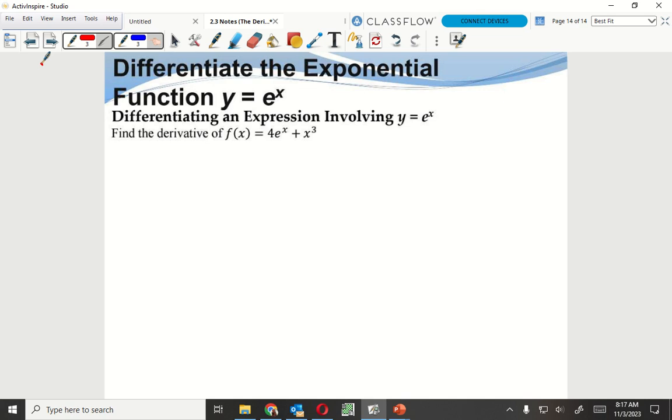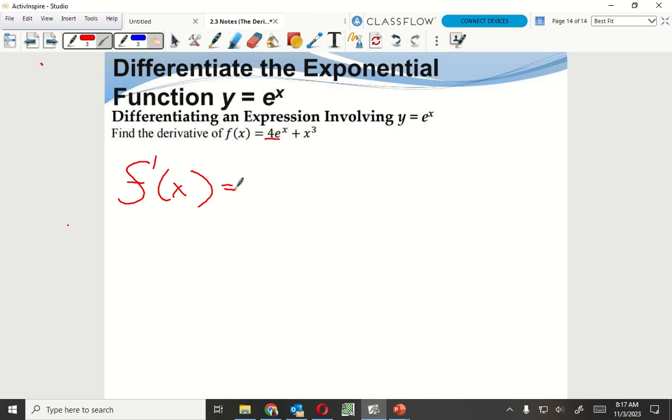So, right here. F prime of x. Start with this thing right here. What's the derivative of e to the x? E to the x. What's the number that's in front of that? 4. So this is going to become what? 4 e to the x.